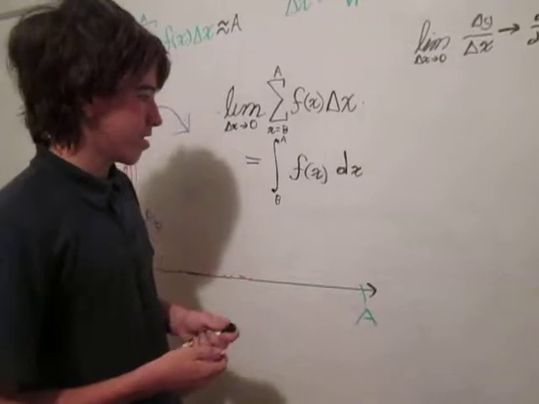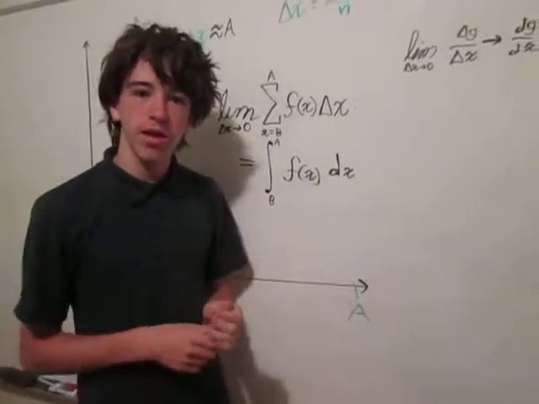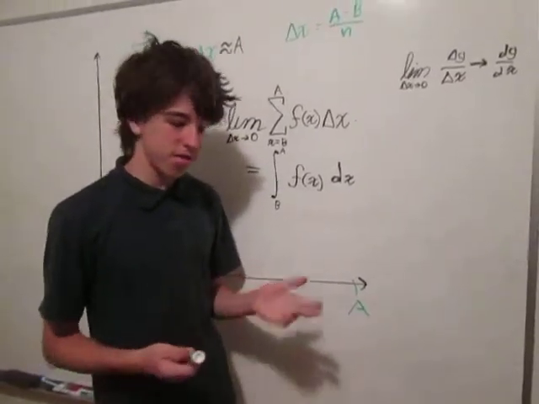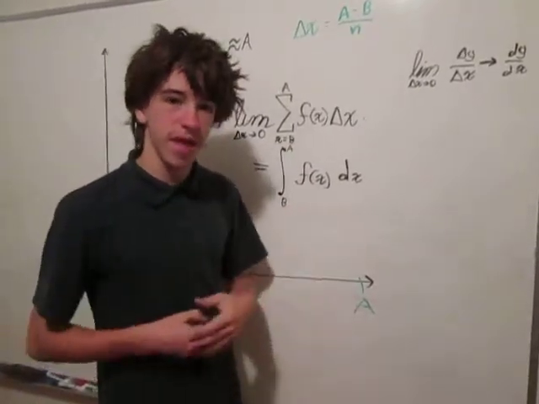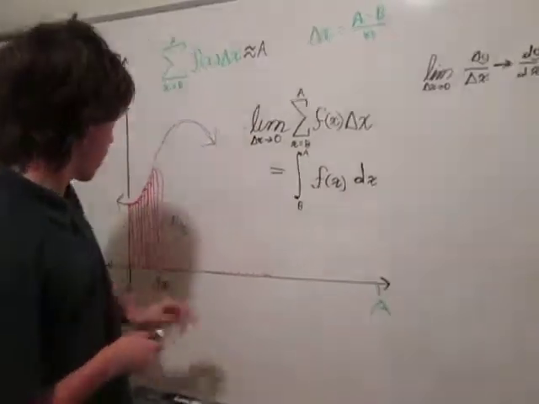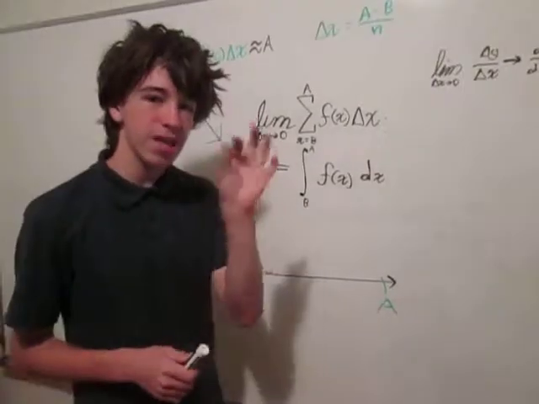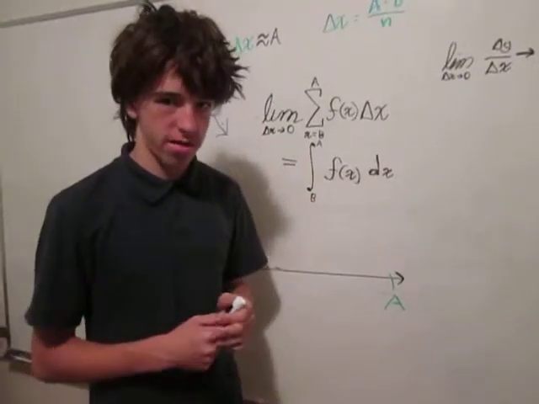In the next video, I will give some ideas on what this is and how we can take it, but really it's just the limit as we get an infinite number of tiny little boxes to get more and more accurate. Goodbye.